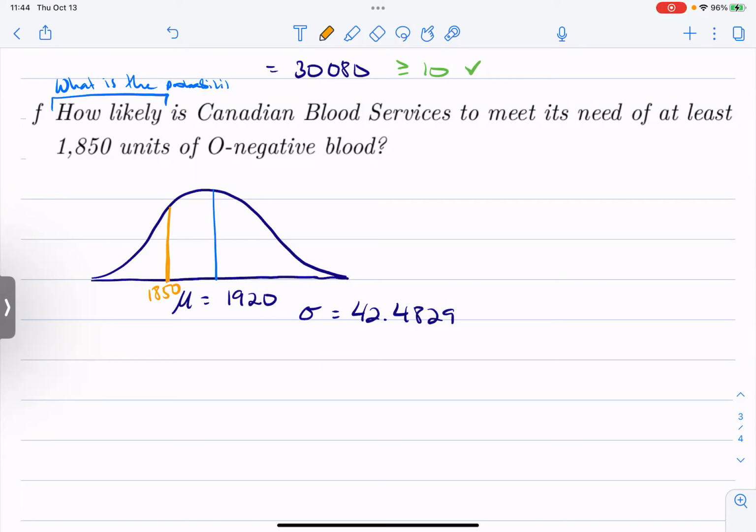And it's just to help you visualize, so it's not important where it goes or anything like that. Okay. So then at least 1,850, well, that's going to be this area, right?